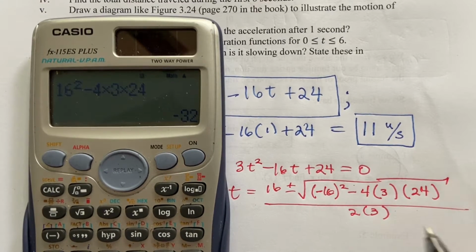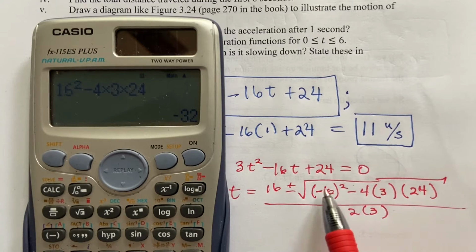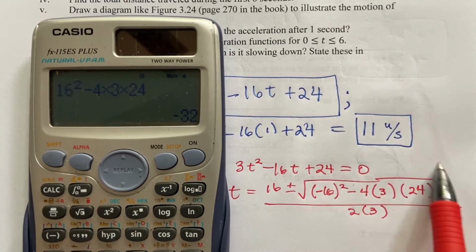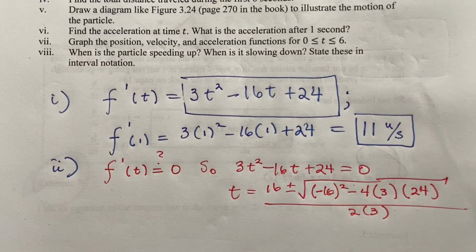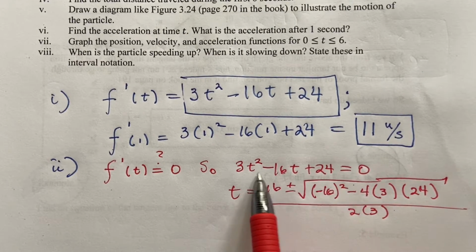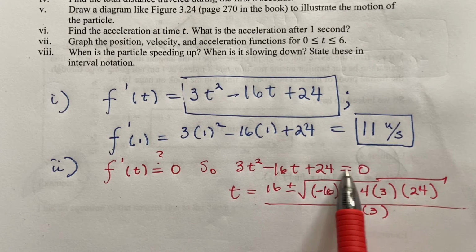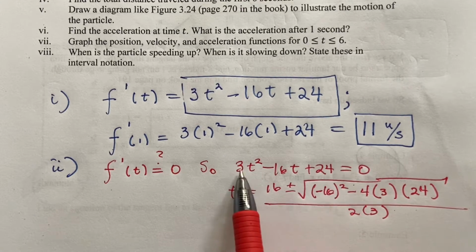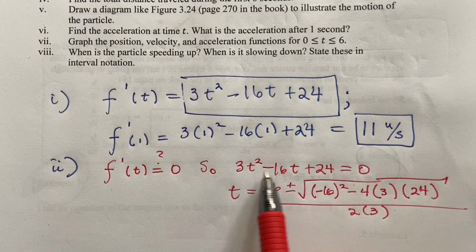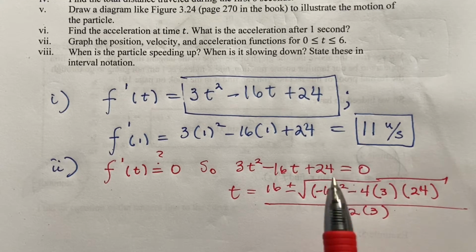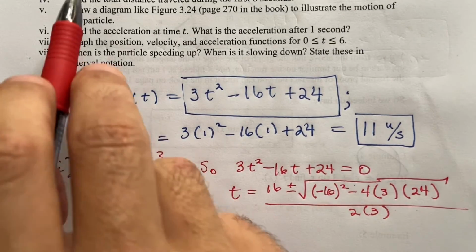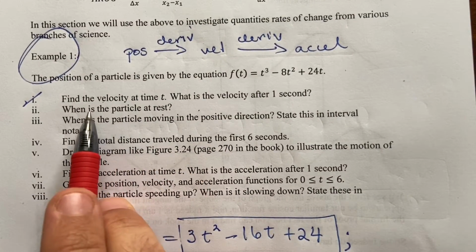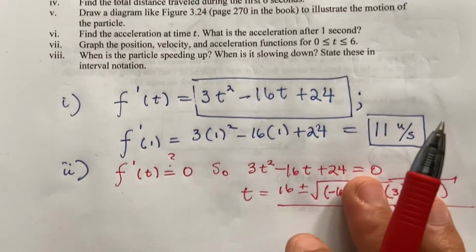So there's a negative number inside of this square root, which means that this is imaginary, which is math's way of saying that this never equals 0 within the real number system. So within real time, which is what we're talking about, this thing never equals 0. So when is the particle at rest? Never.